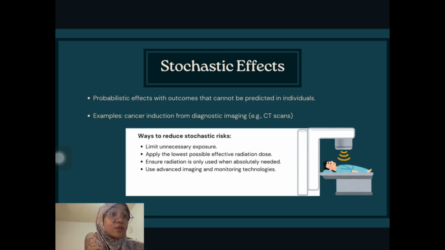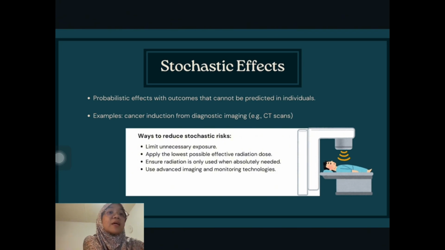So what are the ways to reduce this risk? First is to limit unnecessary exposure, because the more we expose to radiation, the higher the chance, since we don't know the specific threshold that can cause problems. So it is best to limit the unnecessary ones. The second is to apply the lowest possible effective radiation dose.